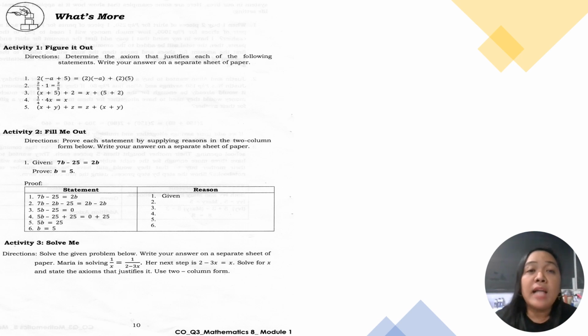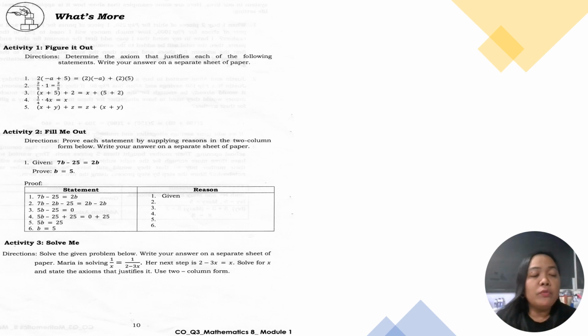On the answer sheet given to you by your teacher, I want you to write your answer there. Okay? All you need is to determine from numbers 1 to 5 which axiom justifies each statement. So answer numbers 1 to 5. Okay? Then proceed. After you're done with activity 1, proceed with activity number 2, Fill Me Out.